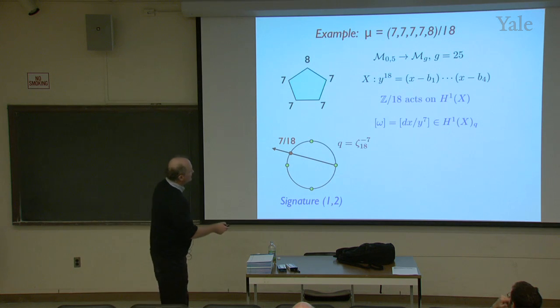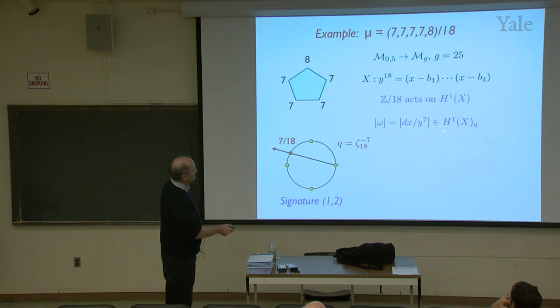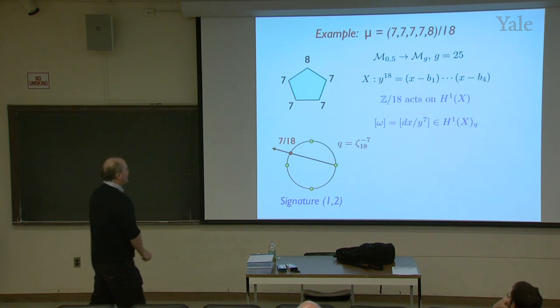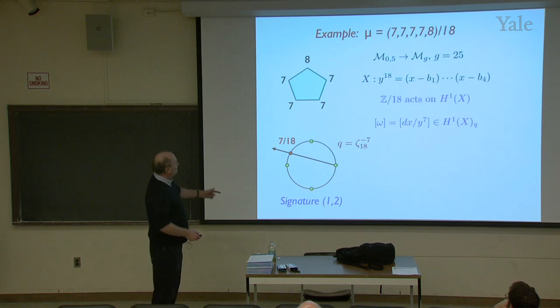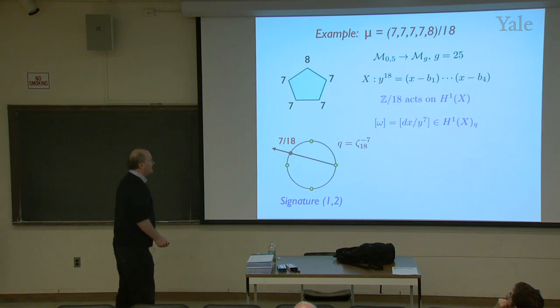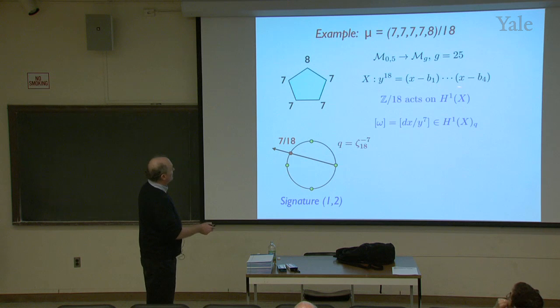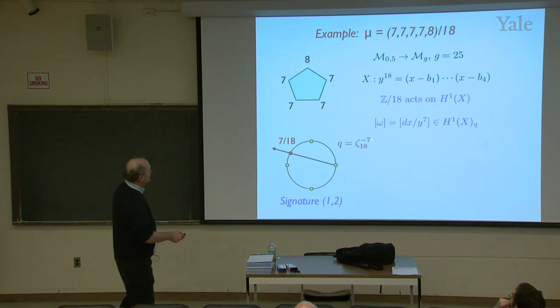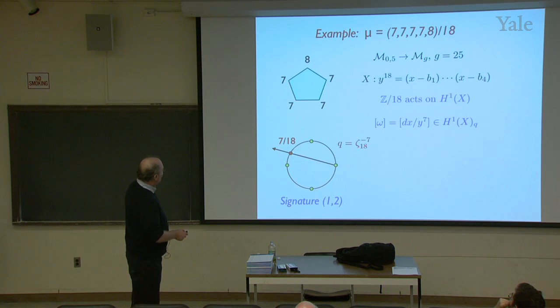So you can ask, what's the signature of the intersection form restricted to this piece of the homology? And the answer is given by a nice rule of thumb. You say, well, there are 4 points in the plane, so you draw 4 points equally spaced around the circle, put them at the 4th roots of unity. And then you say, I have a 7/18 here, so you draw 7/18 on the circle.